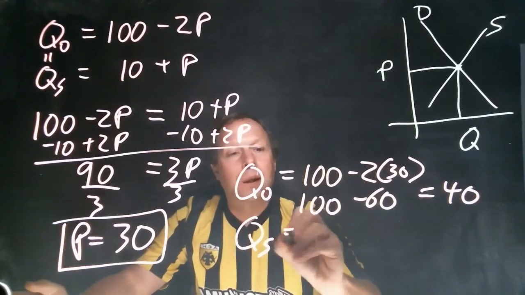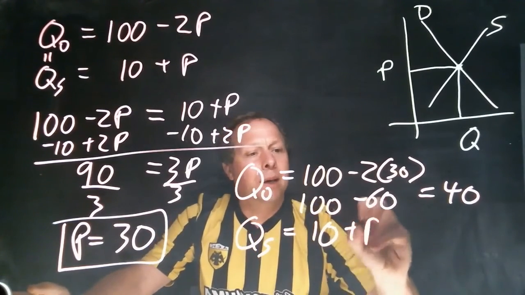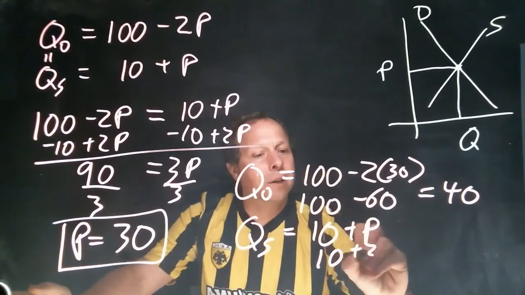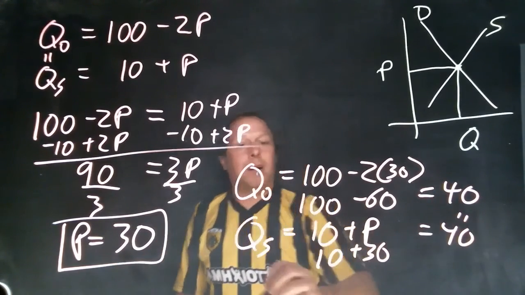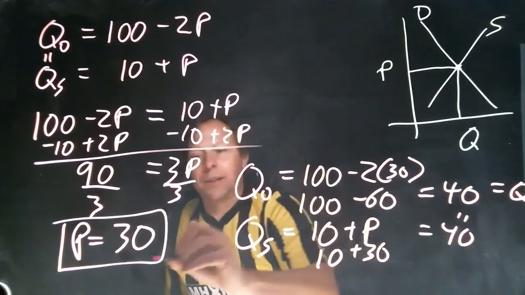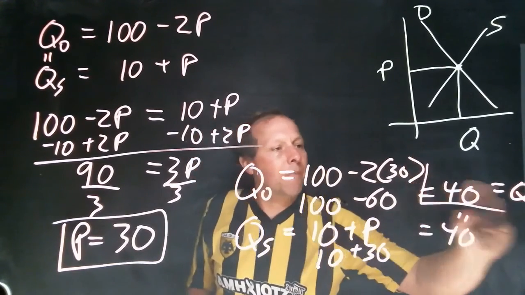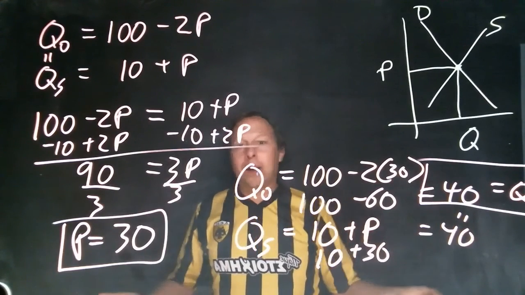Quantity supplied equals 10 plus p, which is 10 plus 30, equals 40. So sure, we've now checked ourselves. Our equilibrium price in this model is equal to 30, our equilibrium quantity in this model is equal to 40, and we're all set.